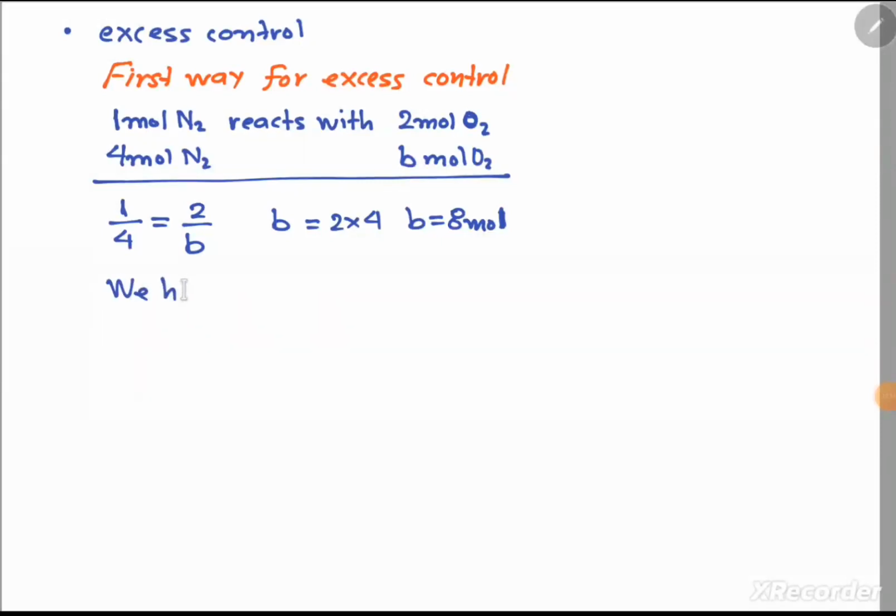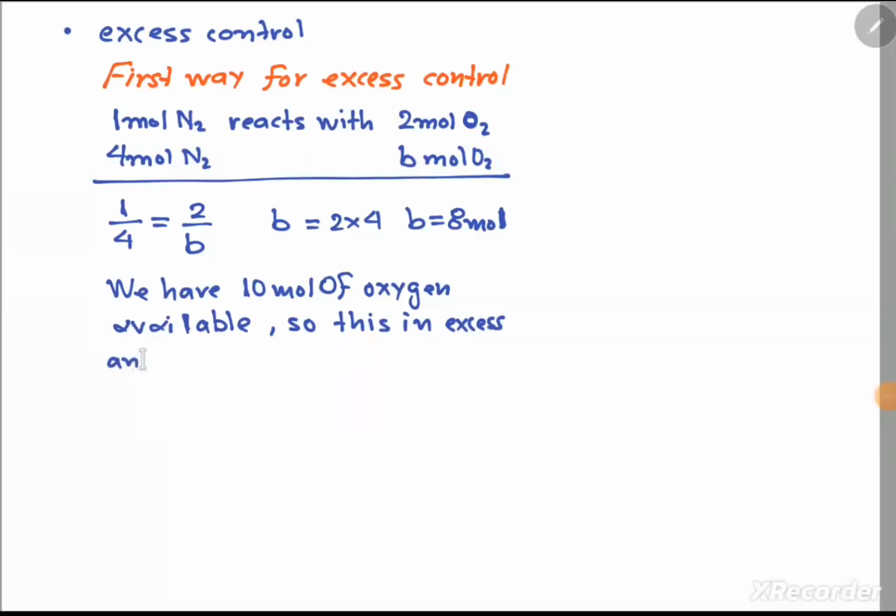We have 10 mole of oxygen available, so this is in excess and nitrogen is the limiting reactant.